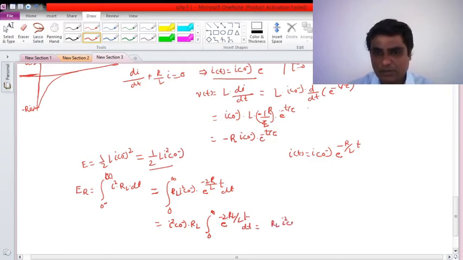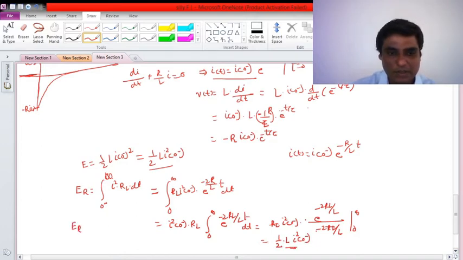RL I square 0 negative, its integration will be minus L by 2 RL, from 0 to infinity. So the RL and this 2 RL will get cancelled, L will shift here, and this negative will cancel with this negative, becoming positive by doing e raised to minus infinity minus e raised to 0. So it comes out to be 1 by 2 into L into I 0 square negative. So the energy dissipated in R is half L I square negative.